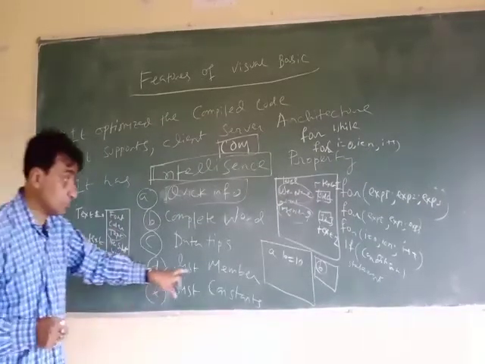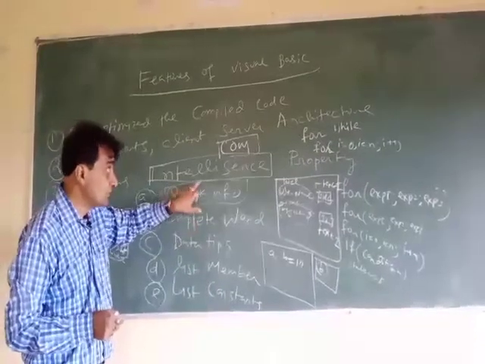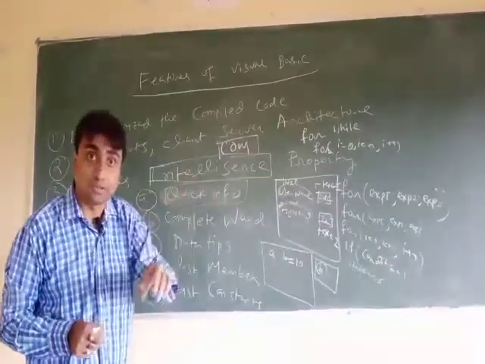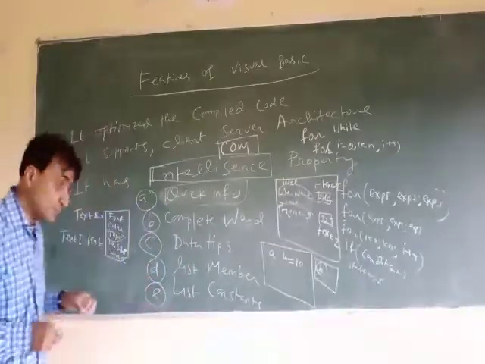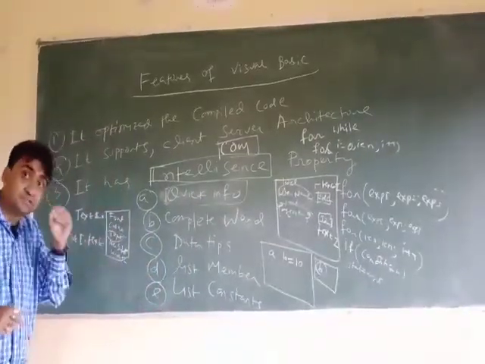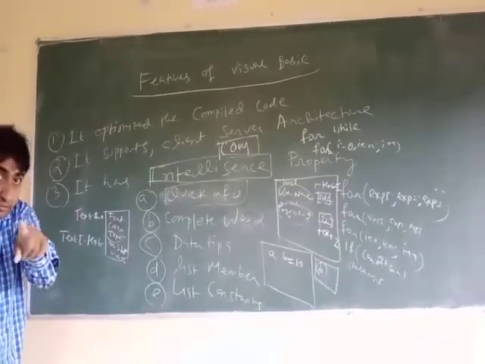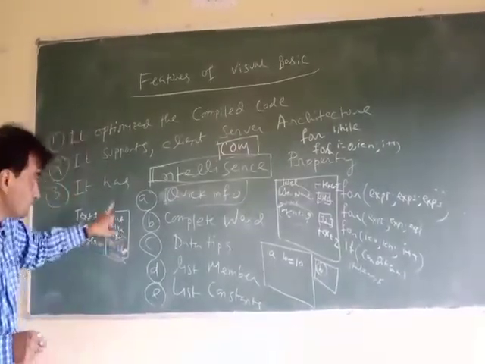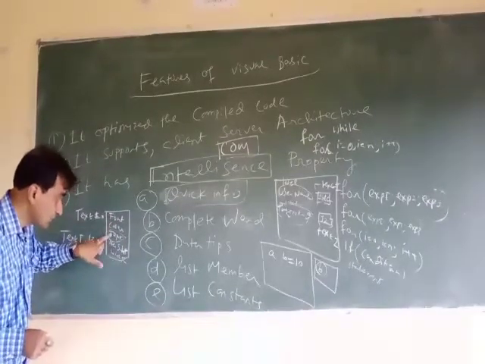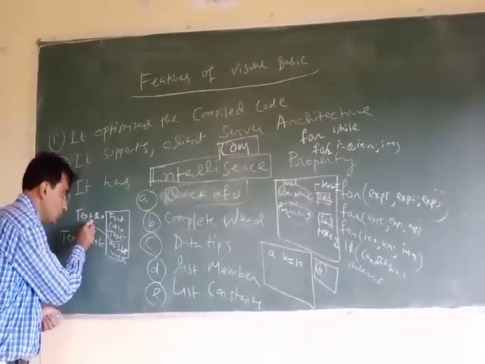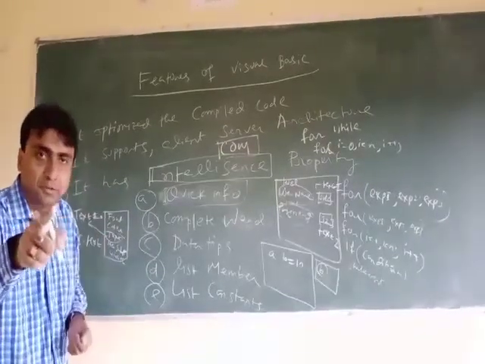So what is a list member? It is an IntelliSense property of Visual Basic, where the list of members pertaining or related to the object will be displayed. The list of members, font, color, text, height, width, is pertaining to Text1.